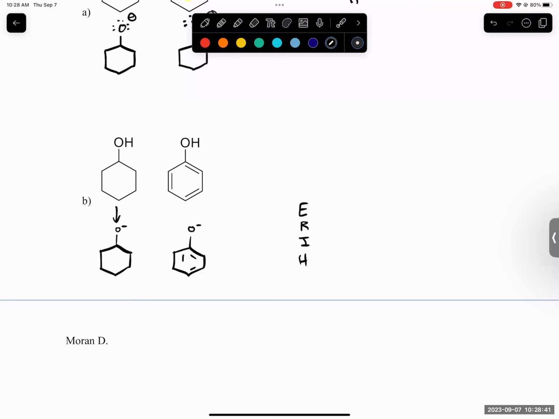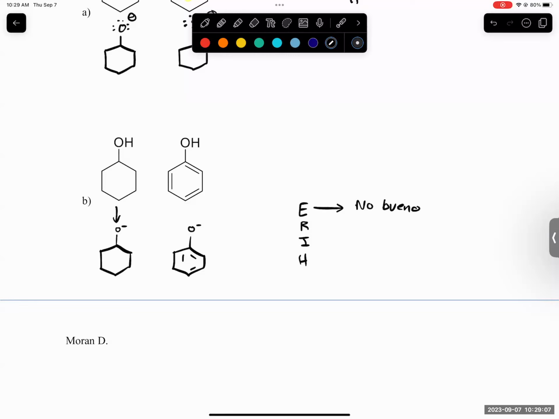Is the element different? Can we compare the elements that the negative charge is on? They're the same, right? So we can't use the element effect to see which one's more stable, because they both have a negative charge on the oxygen. So this is no bueno. What do we go down to next?